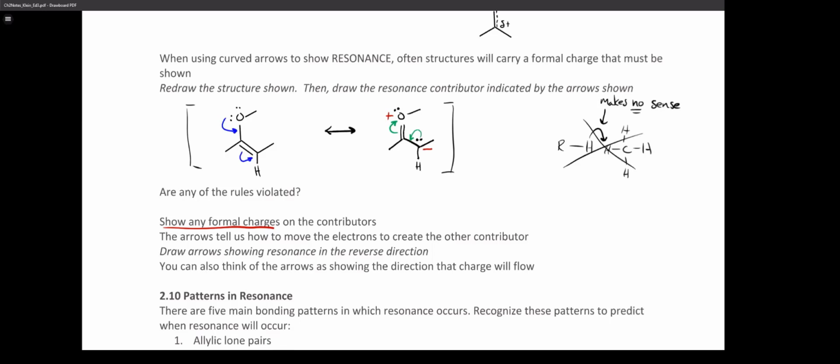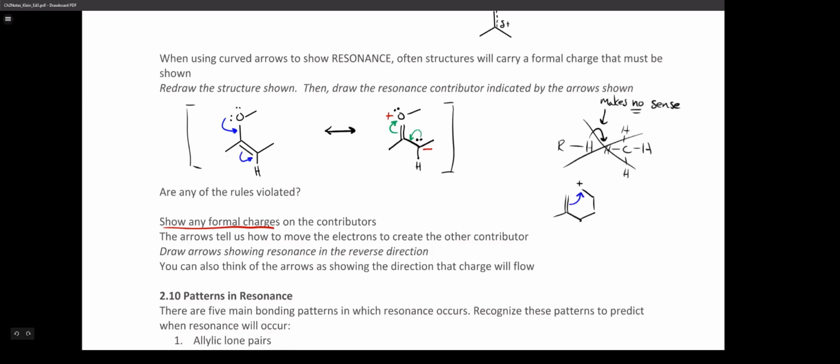But you could have something like, you know, this. This is not resonance, though. Sorry, I shouldn't bring this up, but this is not resonance.